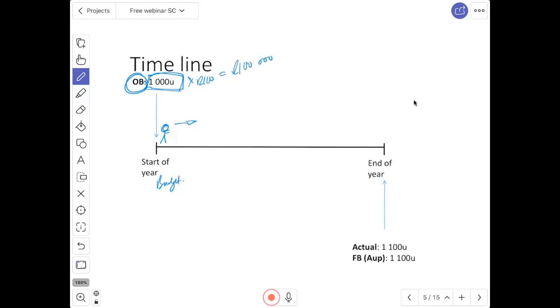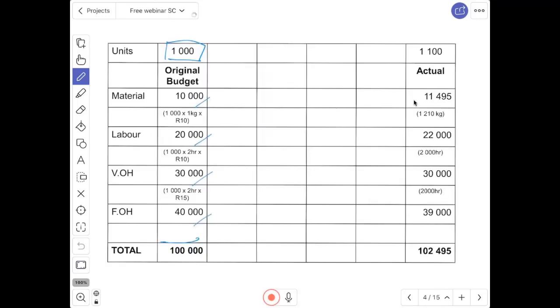Now, at the end of the year, we want to compare the actual to the budget. We want to calculate our variances to get all our marks, and in real life to see what went wrong to fix it. So at the end of the year, we actually produced a little bit more. There was a little bit more demand, or we ran out of stock, so we had to produce 10% more. So we produced 1,100 units.